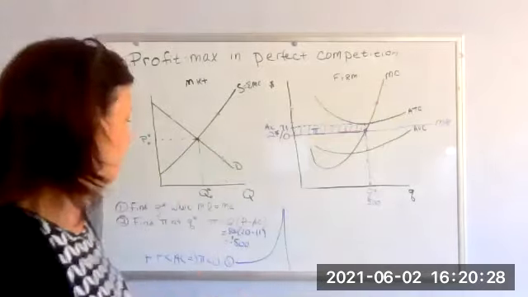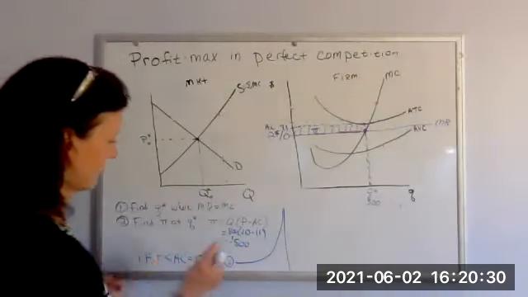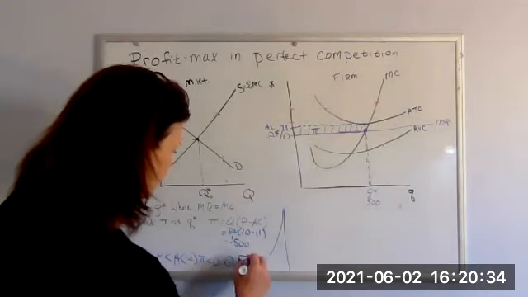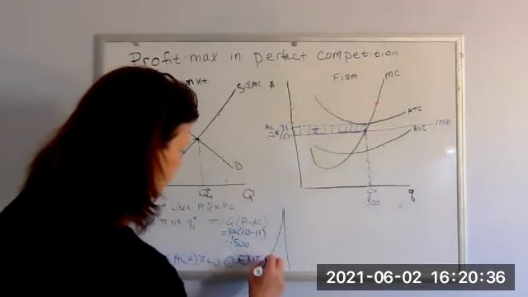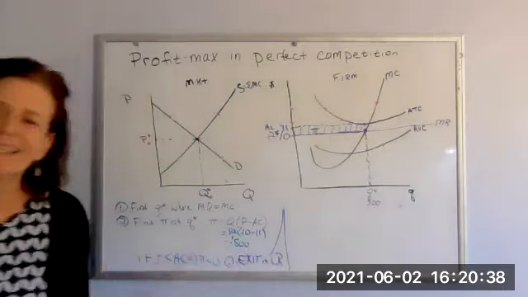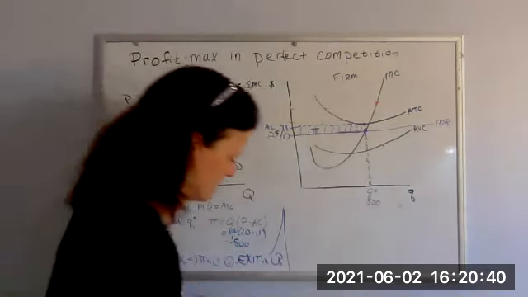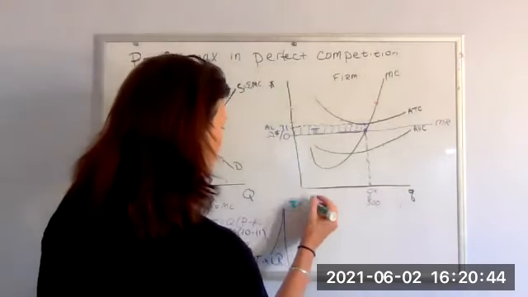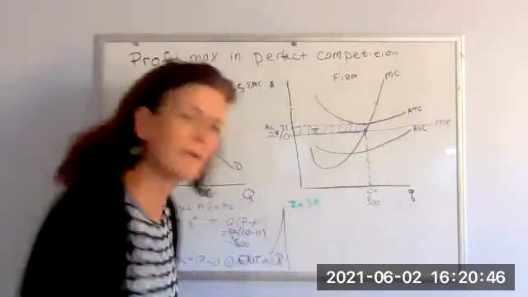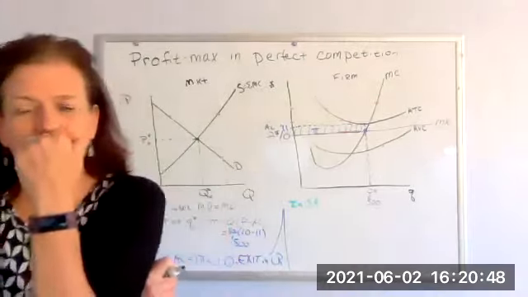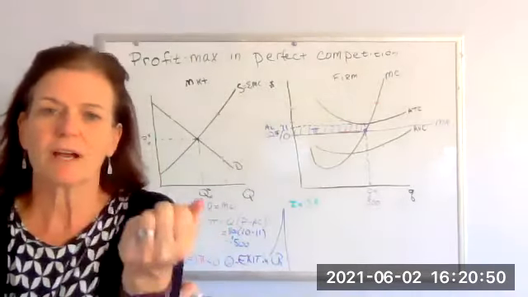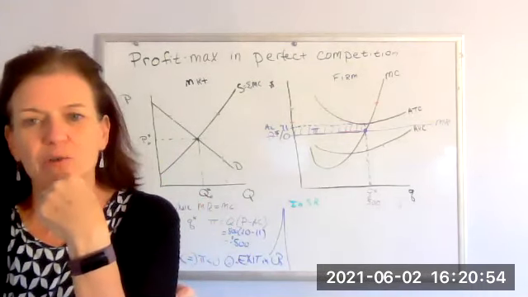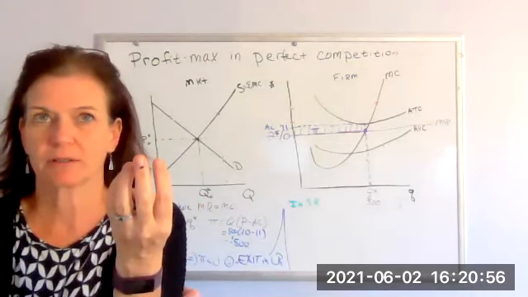So negative economic profit, you definitely want to exit in the long run. But in the short run, your decision may be different. In the short run, because you're still stuck with those fixed costs, you have to think, I'm losing $500, but how much would I lose if I just stopped producing?